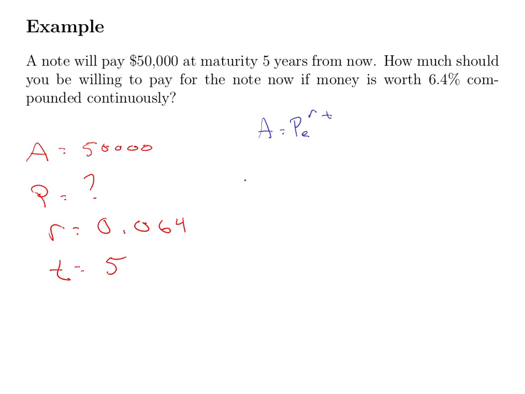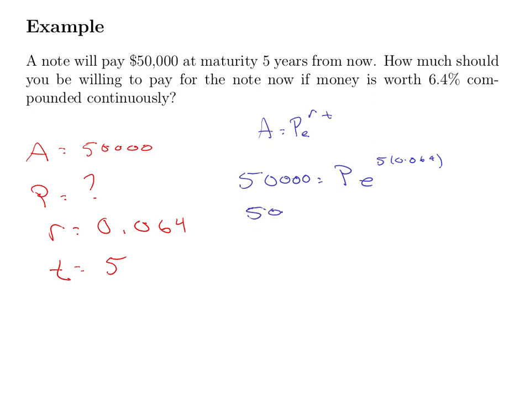All right, so if this is our formula, we've got 50,000. Is that right? That's the right number of zeros? Yeah. Equals P e to the 5 times 0.064. And now what I might do is say 0.064 times 5. That's going to be 0.32. Is that right? I think so. Yeah.